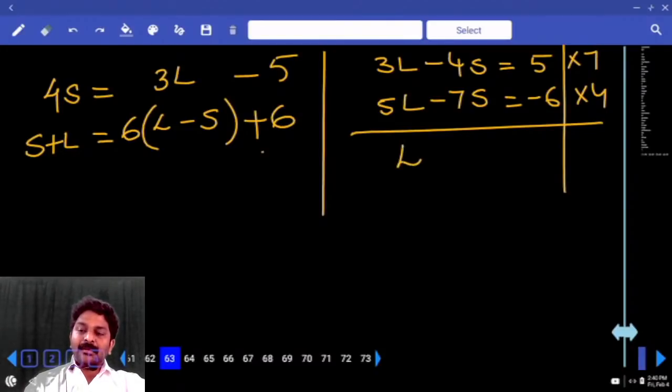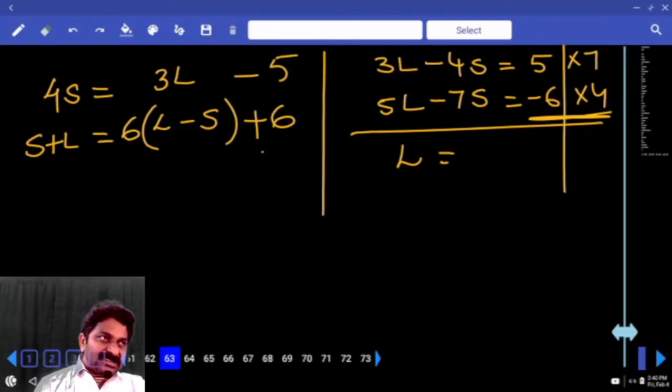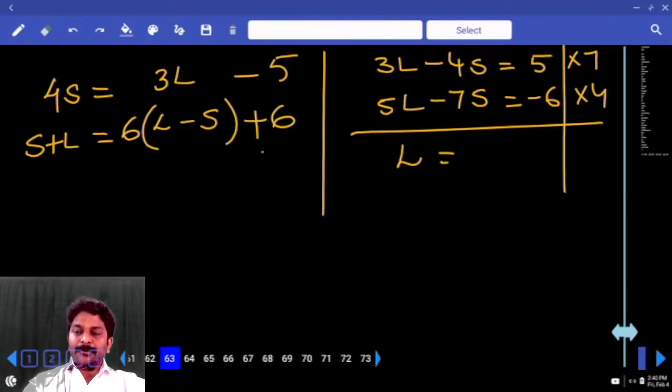Difference, L is equal to 5 into 7, minus of minus 24, already minus of minus is plus, 35 plus 24, 59.